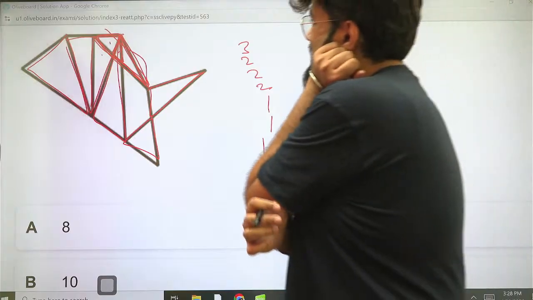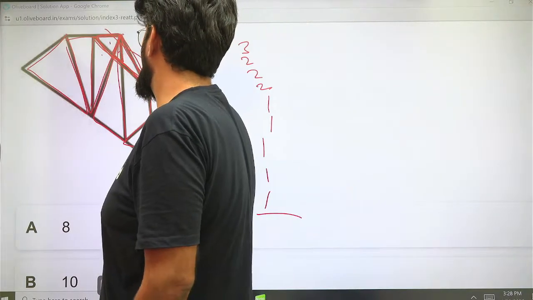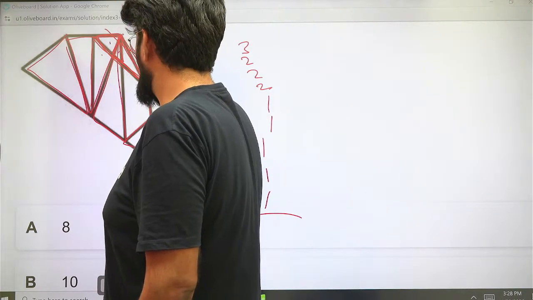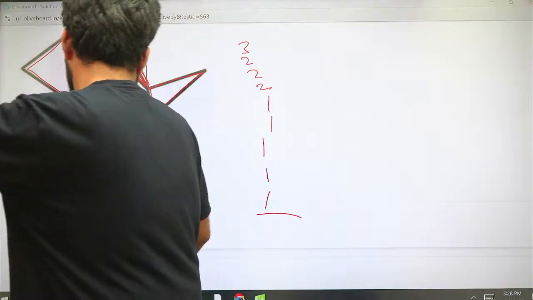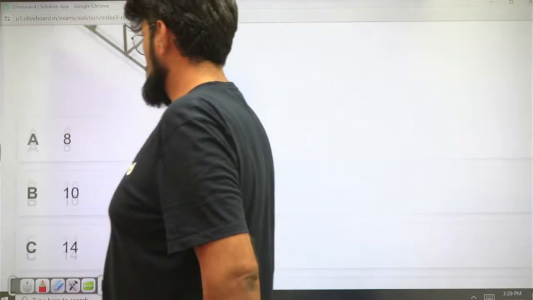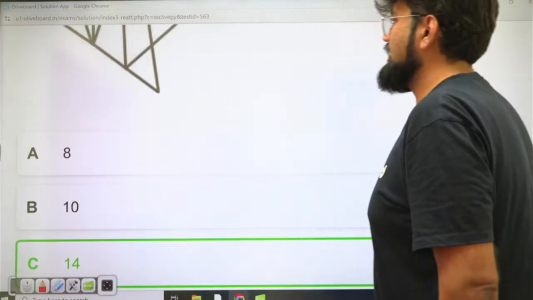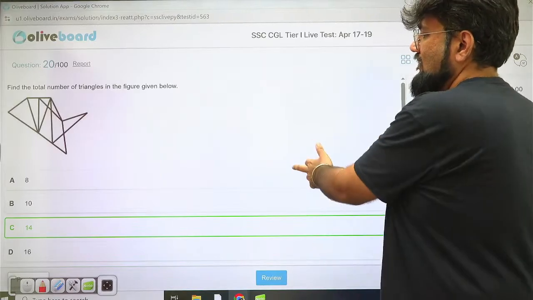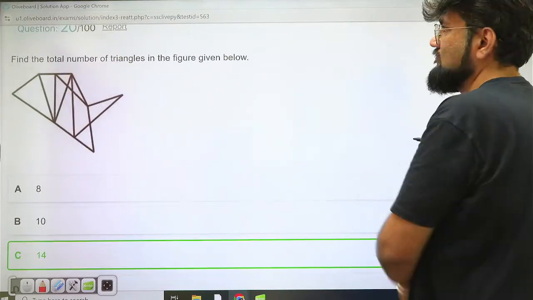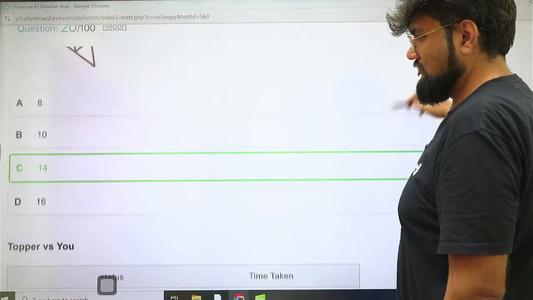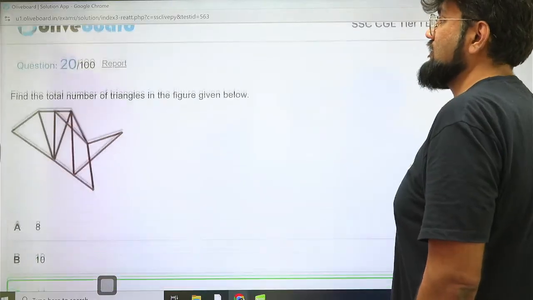This one we counted, this one we did, this smaller one we did, this one we did. Yeah, I think we pretty much counted all of them. 14 is the correct answer. Perfect. 49 seconds. Very nice. Not bad for this question.